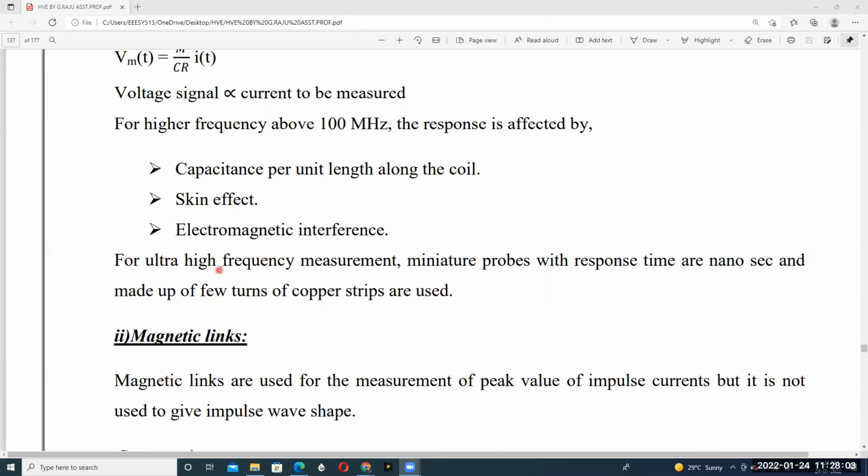For ultra high frequency measurement, miniature probes with response times in nanoseconds, made of a few turns of copper strips, are used.